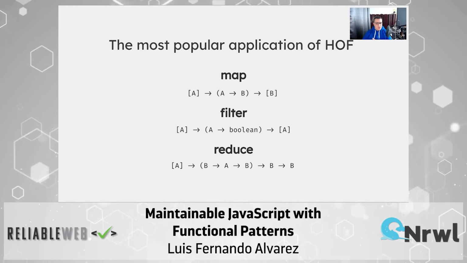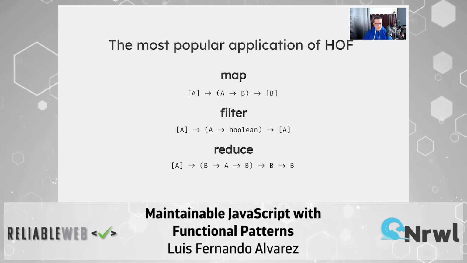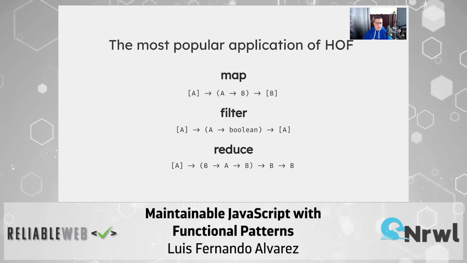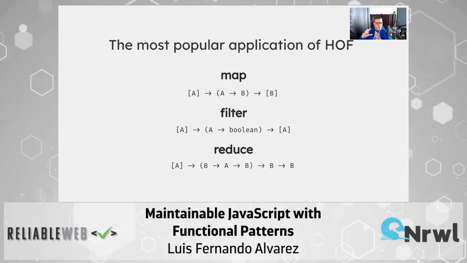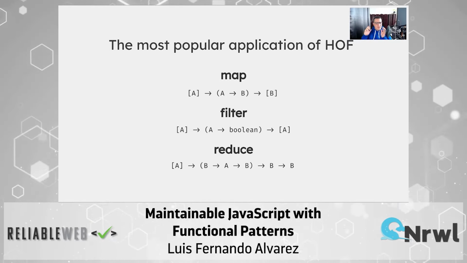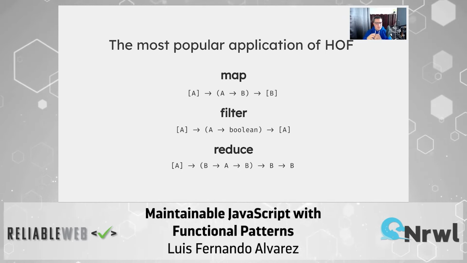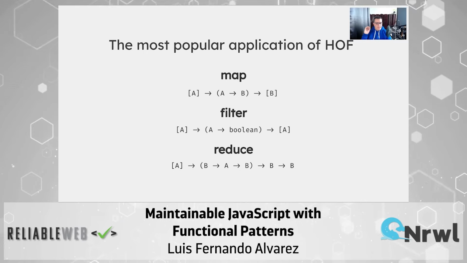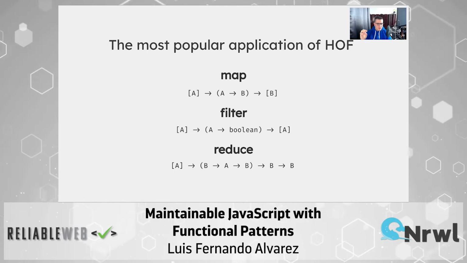And then you have reduce, which we're going to see applied in a lot of places. And this is a bit more complex. It receives a list of elements of type A, and then it receives a function that we usually call the reducer. The reducer gives you an accumulator and a value. We are going to see that clearly in the examples.